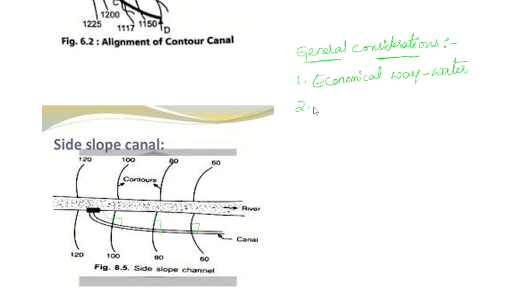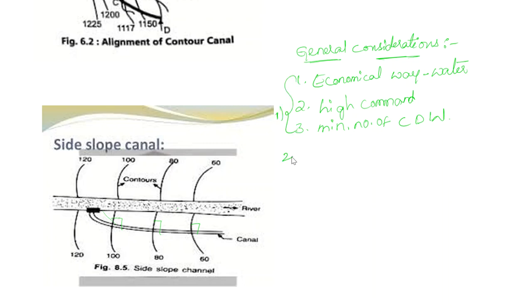The second point is it should have as high a command as possible, and another point is it should contain a minimum number of cross drainage works. As we can see in the image also, cross drainage work is generally represented by CDW. Now these are the three points of your first consideration.